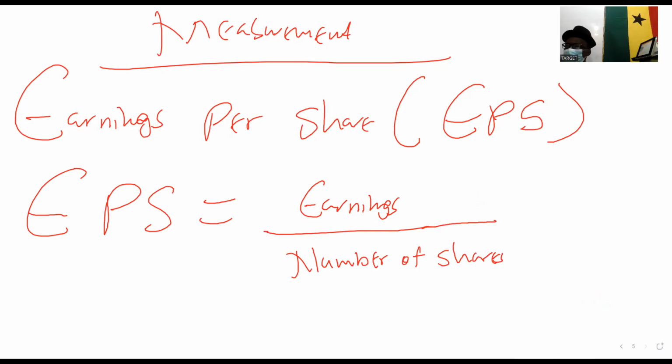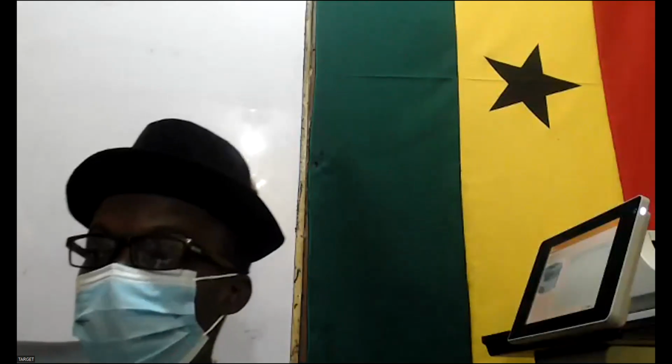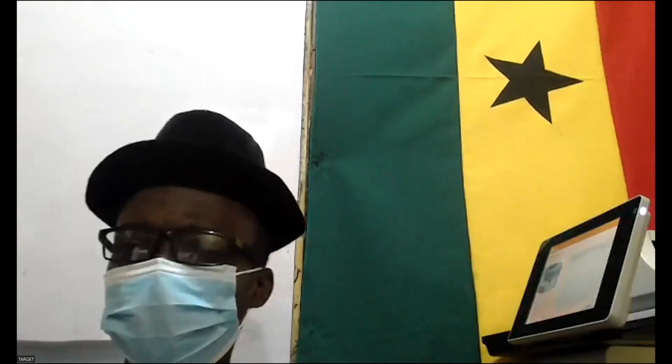But there are so many types of earnings, and so many types of number of shares. Here, the shares should be ordinary shares. Take notice. Ordinary shares. No preference shares. We are begging you, don't come and tell us that every share be shared, adding preference shares in addition, please.